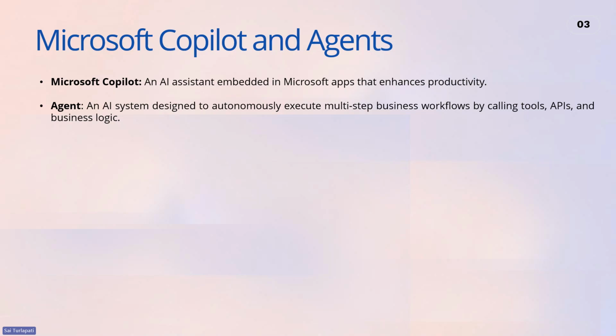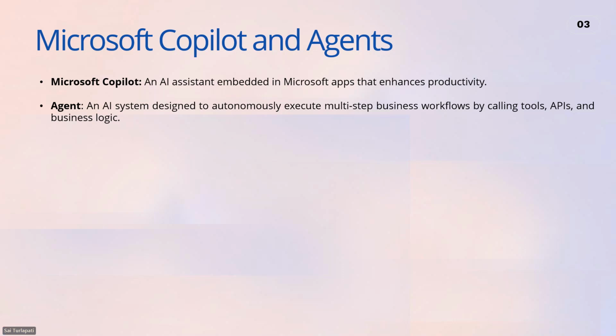And when we see the word agent in the Microsoft AI ecosystem, what that means is an AI system designed to autonomously execute multi-step business workflows. So Copilot can be a user interface, or UI, for AI. That's what Microsoft calls it.